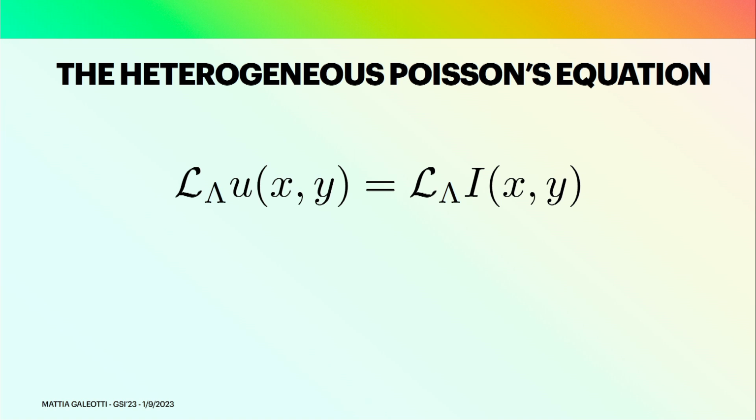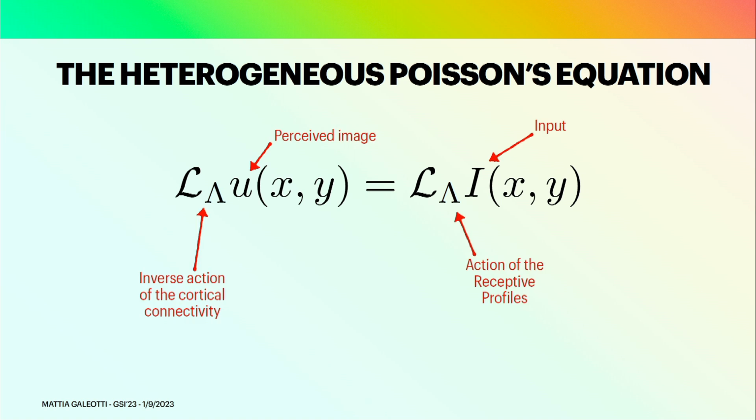I want to stress that while on the right the differential operator models the action of the receptive profiles on the retinal input, on the left the differential operator models another kind of procedure, which is kind of the inverse of a reconstruction procedure.